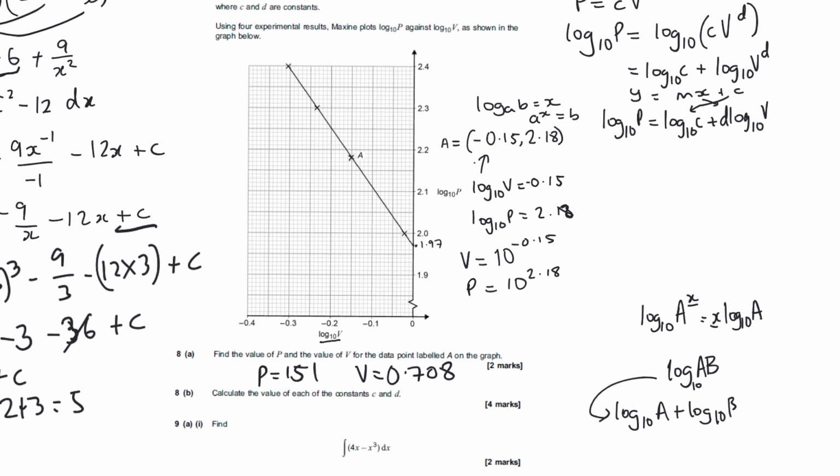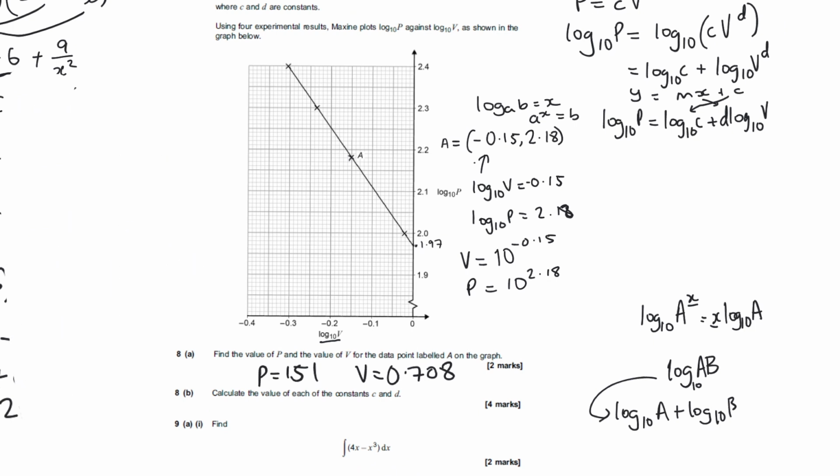So then because of that, also I'm gonna rub this all out since that question was already answered and create more room. So because we can see that our y-intercept, which is log 10c, is equal to 1.97, sorry, correction, log 10 of c, as at that y-intercept, the p-value 1.97 is equal to log 10c.